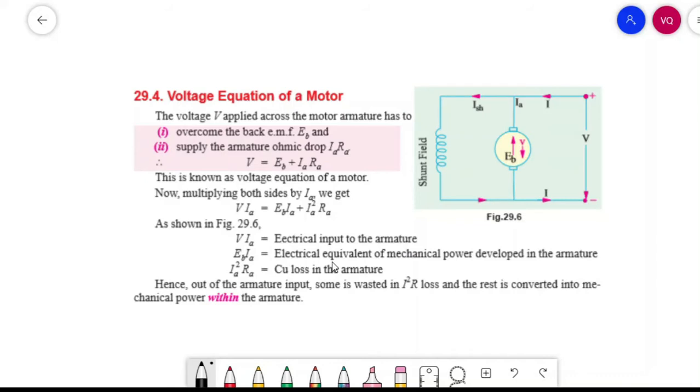EbIa is the electrical equivalent of mechanical power developed in the armature. Ia squared Ra is the copper loss in the armature. Hence, out of the armature input, some is wasted in I squared R loss and the rest is converted into mechanical power within the armature.